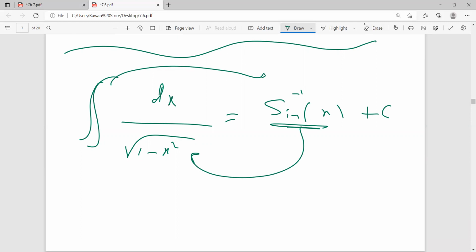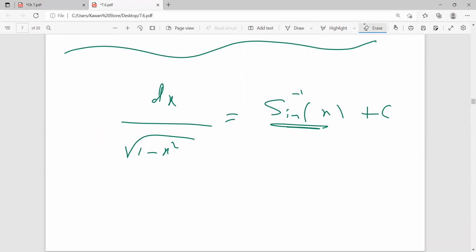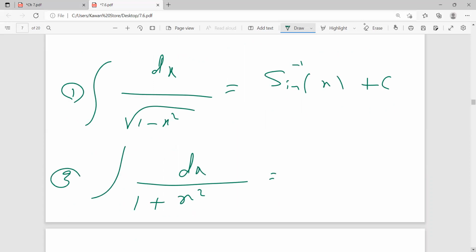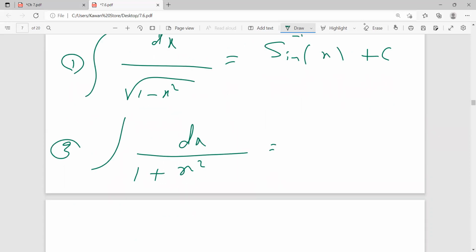So tell me about that formula. It's the first. Tell me about that formula. It is equal to what? Tan inverse. Understood? But if I change that one to a and that one to a squared, the formula will be like that.